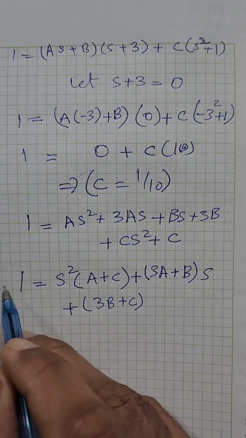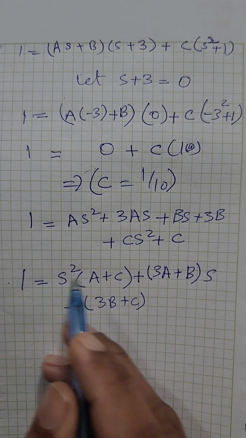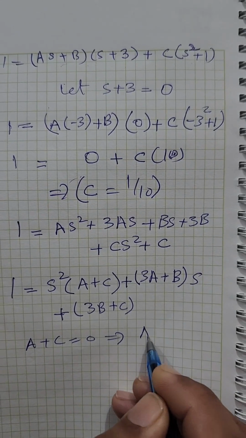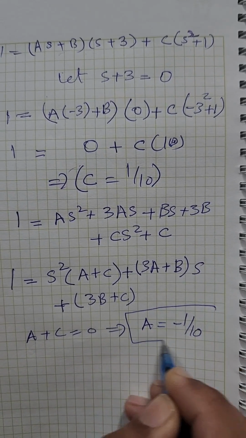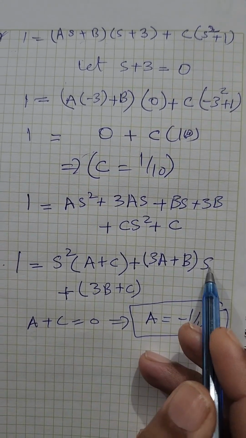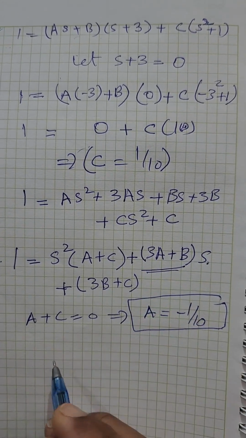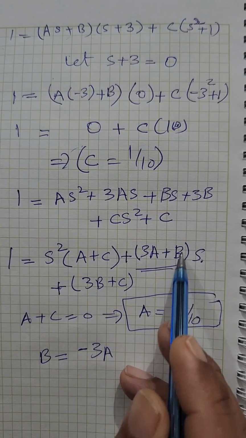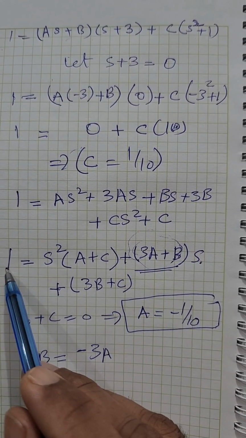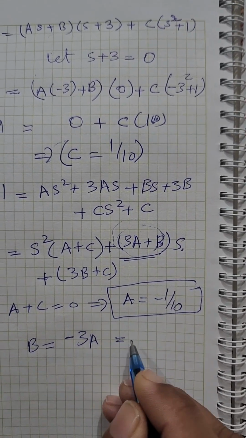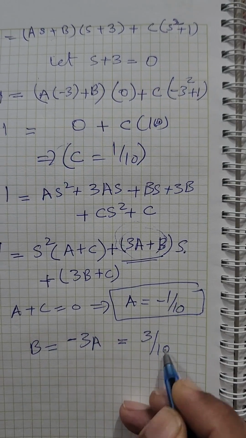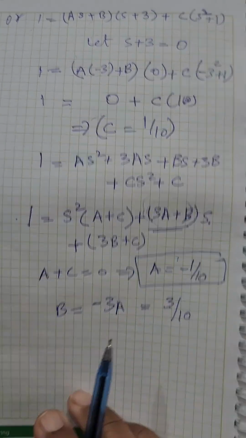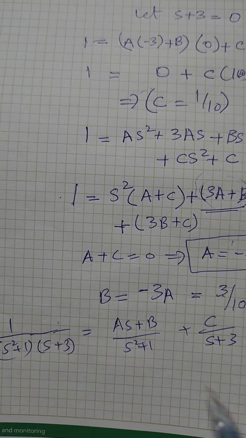This whole relation equals 1. So the left hand side s squared and s terms are 0. So a plus c is 0, which implies a equals minus 1 by 10. Comparing s terms on both sides, this implies b equals minus 3a. The sum equals 0 from the left hand side, and we know the value of a, so b is 3 over 10.